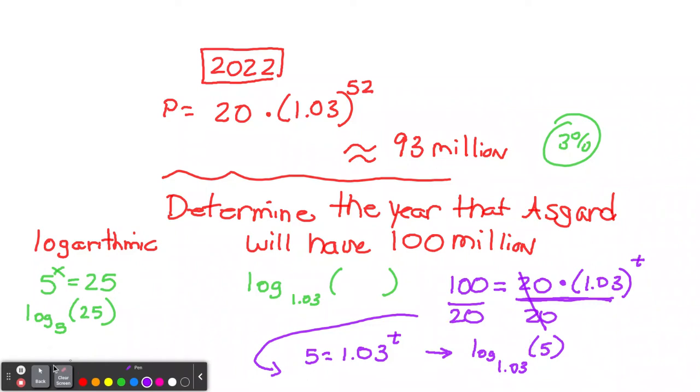All right, so let's review this again. We want to know when the population will reach 100 million, and the initial was 20, so we have to get it into this form here. Let me clear this out and do it over so I can have more room. Why don't we use green? When will it reach 100 million?